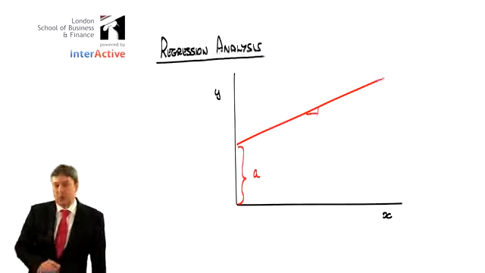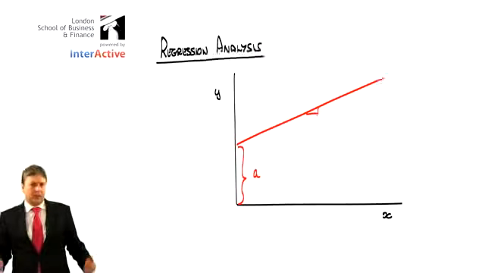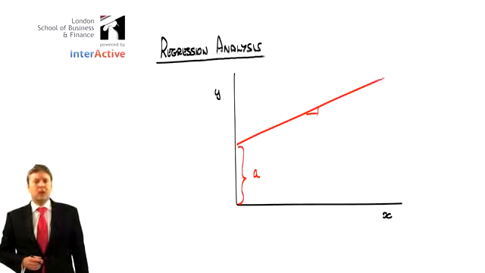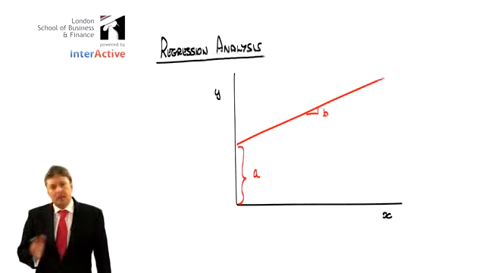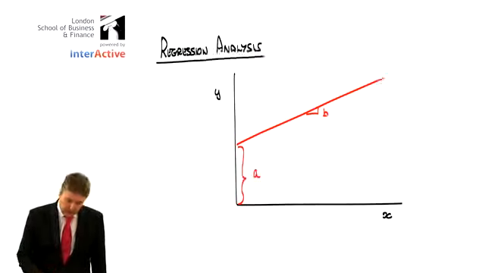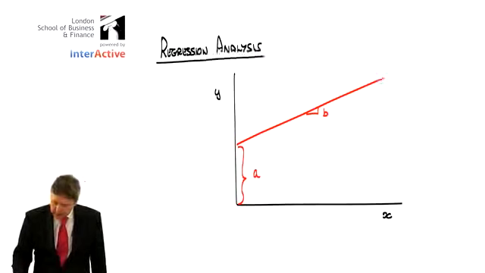Secondly, we want to describe the gradient of the line, the amount by which y changes for a change in x, and this is called b.